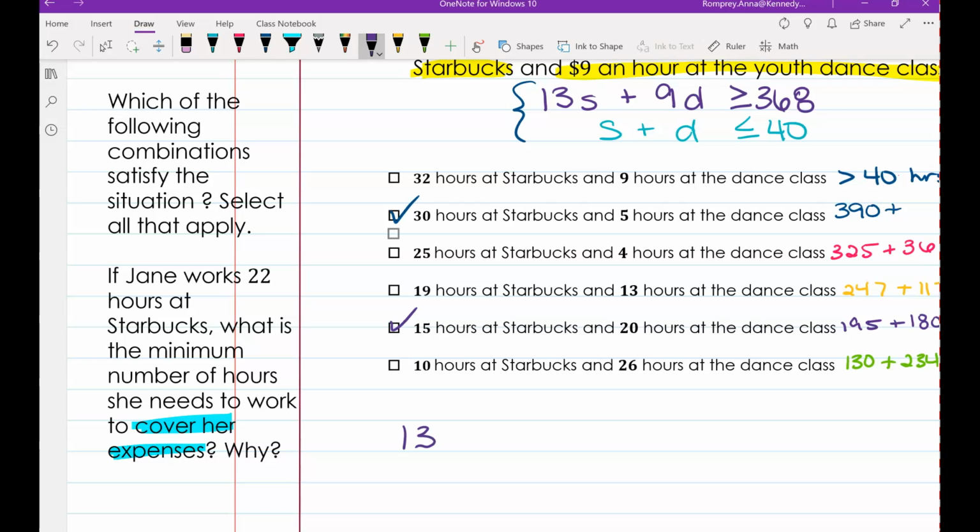She makes $13 at Starbucks and works 22 hours there. We need to figure out how many hours at the dance class she needs to exceed the $368. 13 times 22 gives us $286.